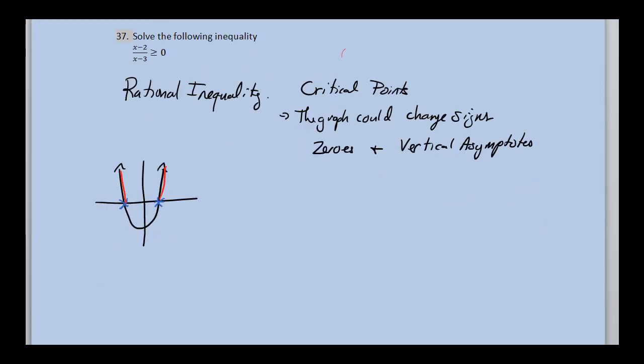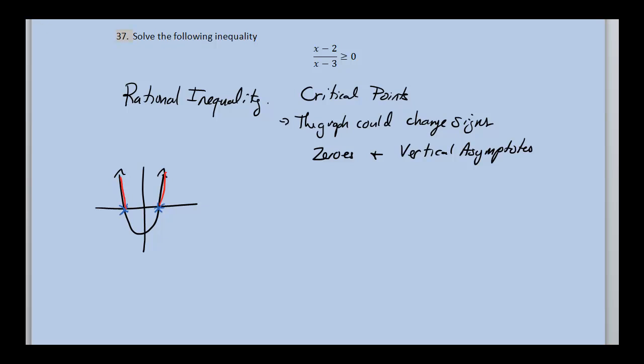And then here, let me erase that. So here between these two zeros, our graph is negative, which means that that would not be valid. That would not fit the constraint of this inequality.